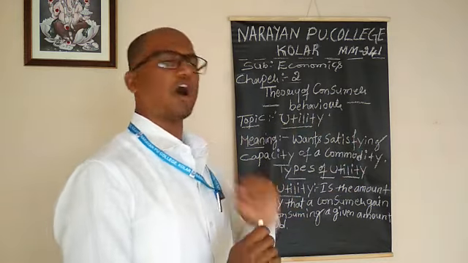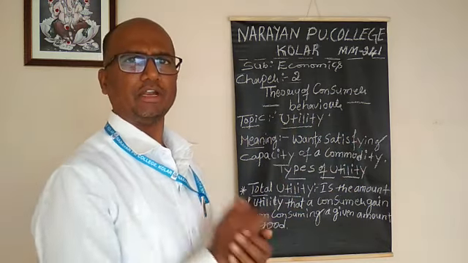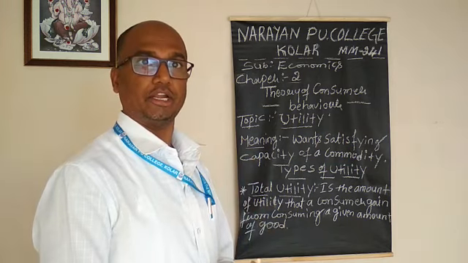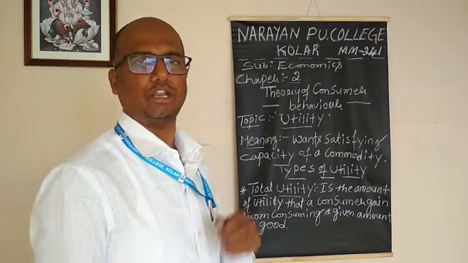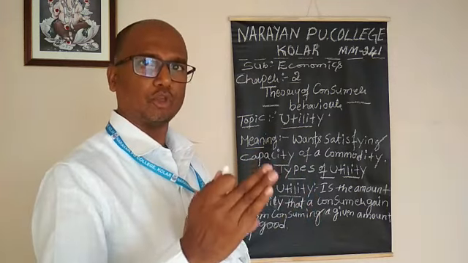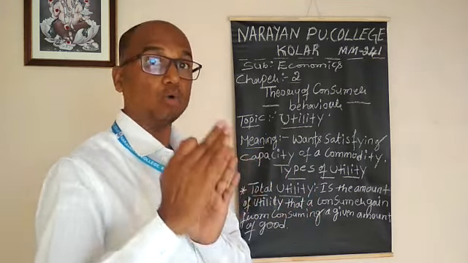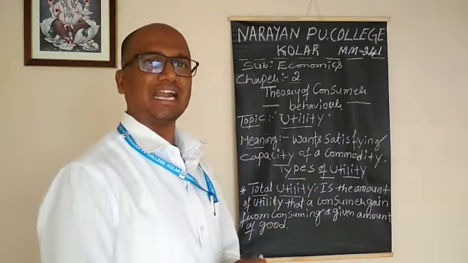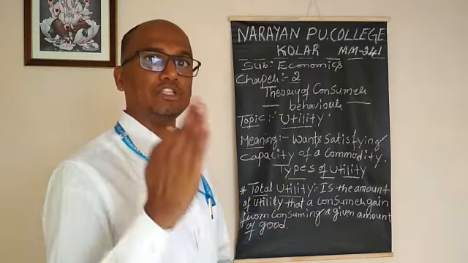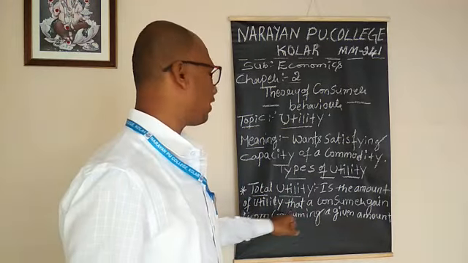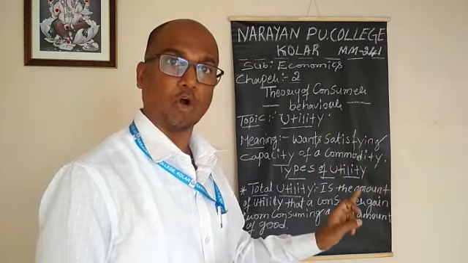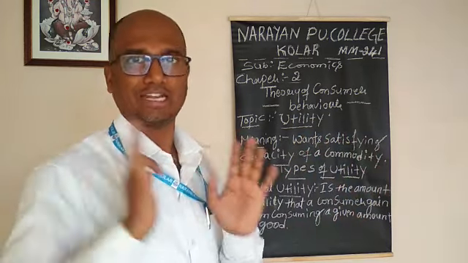There are two types of utility. Number one, total utility, and number two, marginal utility. What do you mean by total utility? Total utility means the amount of utility that a consumer gains from consuming a given amount of a commodity over a period of time.